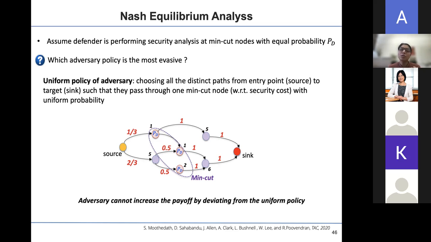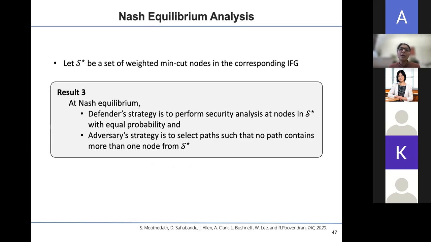So that constitutes a Nash equilibrium now, right? Because if the defender is choosing min-cut nodes with equal probability, the adversary's best strategy is to choose uniform paths. And if the adversary is choosing uniform paths, the defender's best strategy is to choose min-cut nodes with equal probability. And hence, we have this characterization for the Nash equilibrium of the game, which states: let S star be the weighted set of min-cut nodes of the corresponding information flow graph.